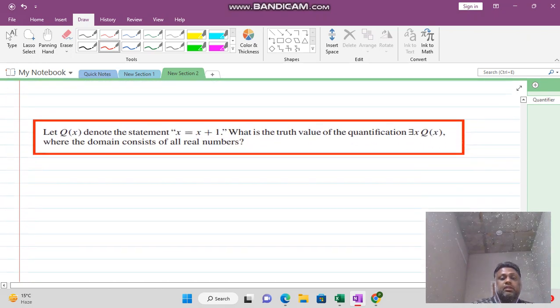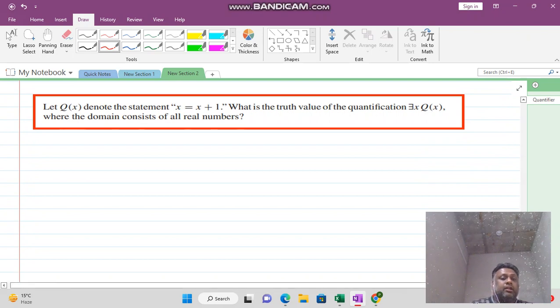Now the next question: you are given this statement Q(x) such that x is equal to x plus 1. What is the truth value of the quantification that there exists x for which this Q(x) is true? See, there is no x for which this is true.